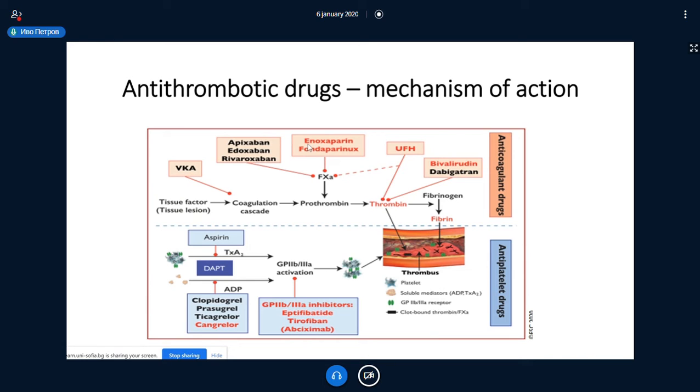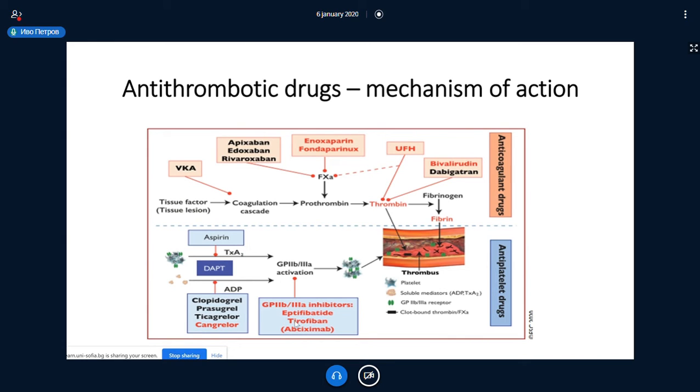Other than heparin, the others are using other factors like factor 10. Because of that, they are named indirect, and the unfractioned heparin is a direct anticoagulant.